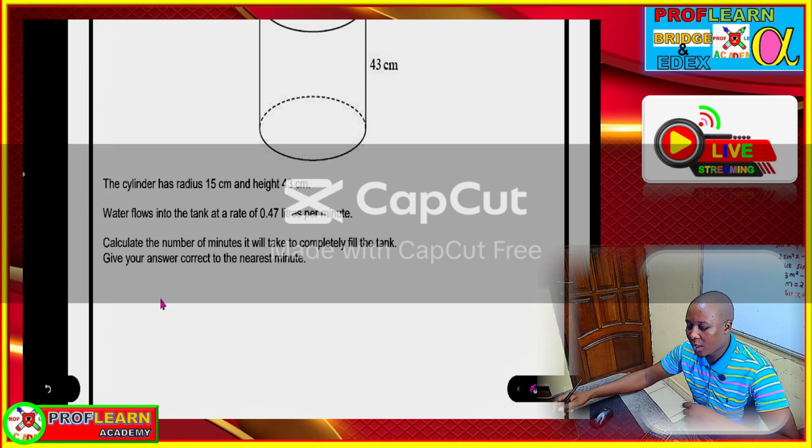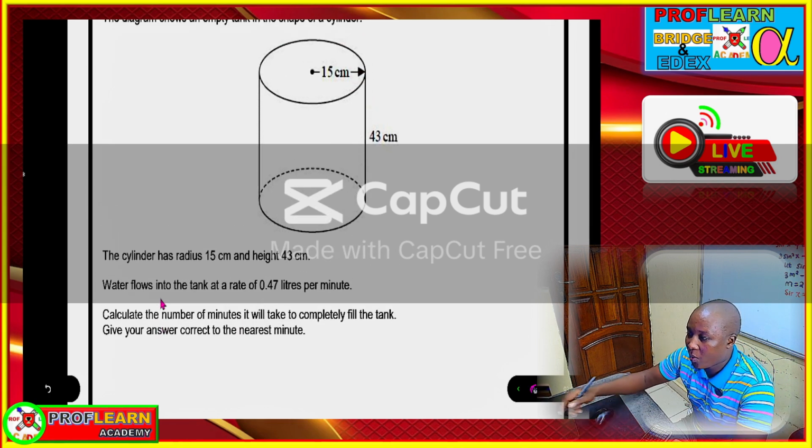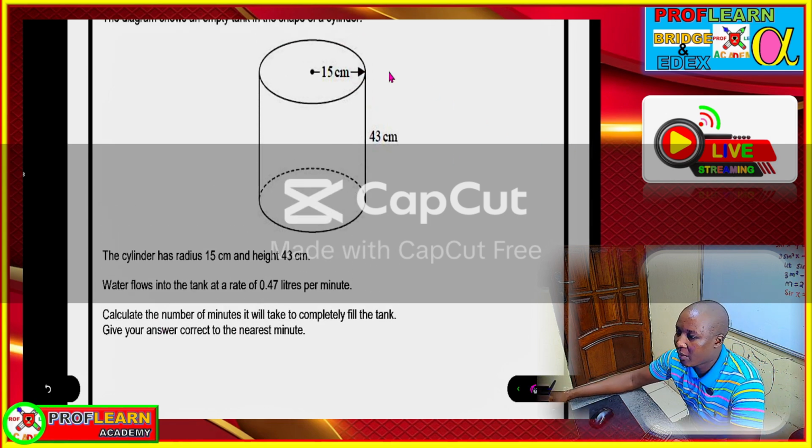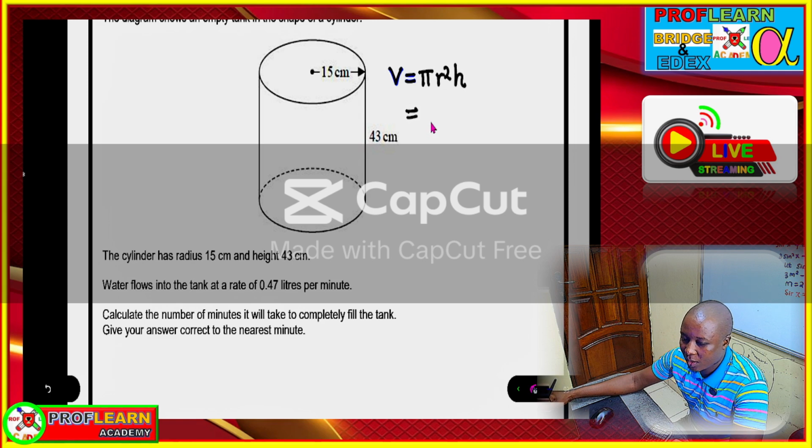But first we need to work out the capacity or the volume of the cylinder. We know volume of a cylinder is given by pi r squared h. So we are going to use the formula volume is equal to pi r squared h. In this case, pi times the radius, which is 15 squared, times the height, which is 43.